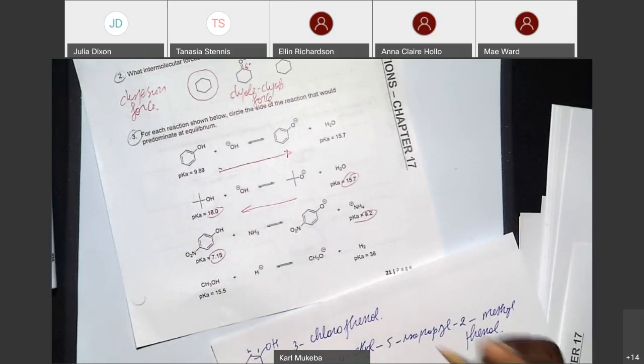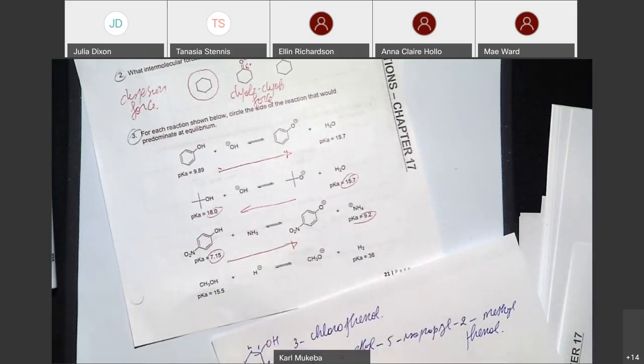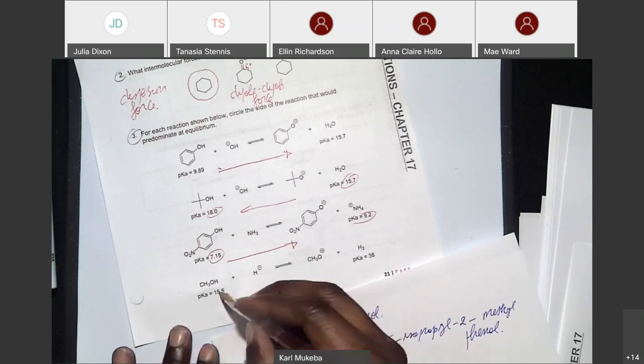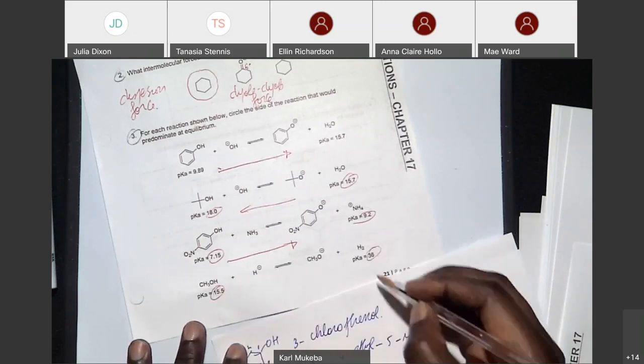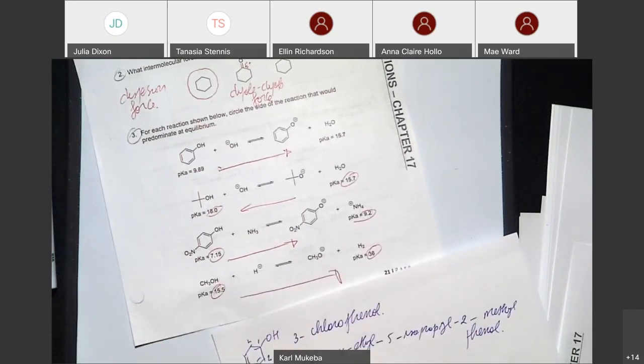It's straightforward, so the reaction is going to the large pK. And the last one, you do the same thing. You just take a look at your pK and decide which side the reaction is going to go. So we have 15 and 36. So straightforward, the reaction is going that way.